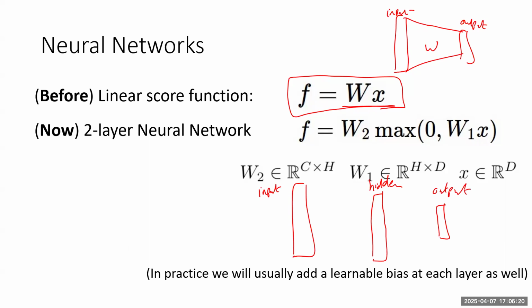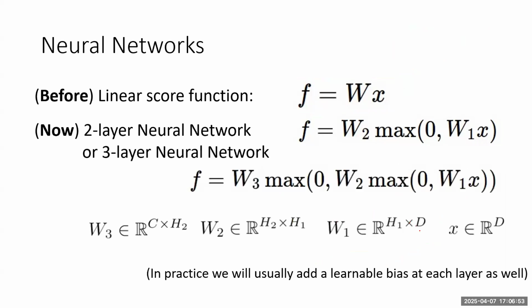So I will have input, hidden layer, then output. In this case, I will have two W's. First, I will apply X to W1, which will produce the hidden value. Then the output from here, I will apply to W2 to produce the final output score. And that's what we call a multi-layer perceptron.